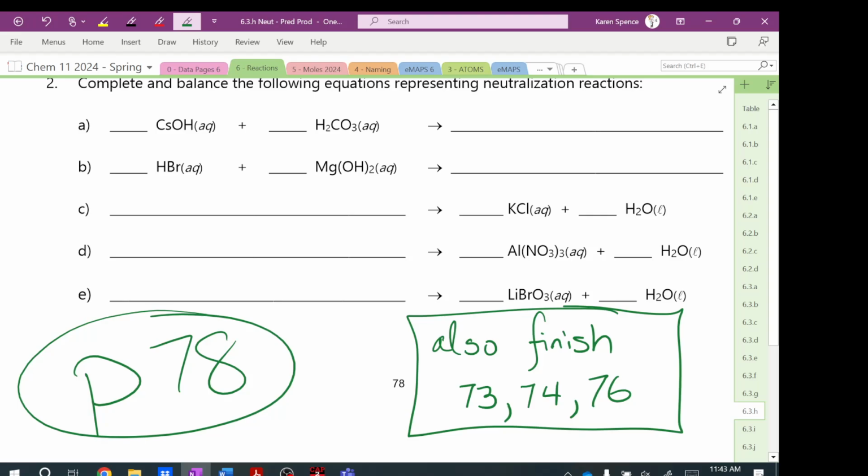Gotta figure out where to put it. Oh, I remember what I did. But it was because I was writing this in.